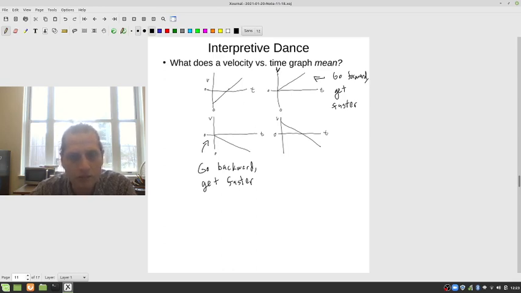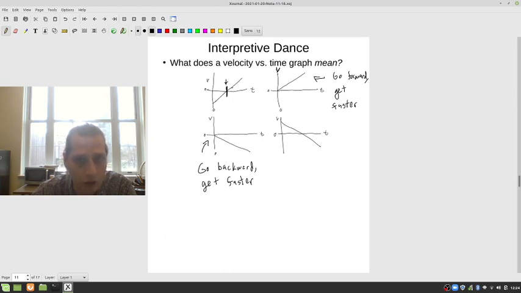But some of these you have to look at a little bit. So for instance, what does this one mean? Now, if I'm looking at the slope on this thing, it's positive, so the acceleration must be positive, but what's going on? Well, at the beginning, here's my 0 velocity. So at that point in time, it must not be moving. V is 0. What is happening in here? Well, I'm going backwards. How do I know? V is negative. Negative velocity means you're going backwards. So you're going backwards fast, you're slowing down, slowing down, slowing down.